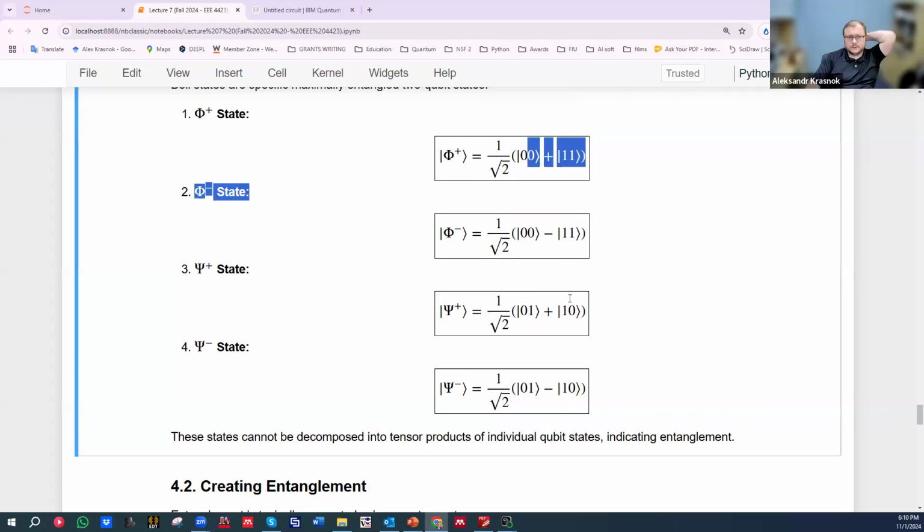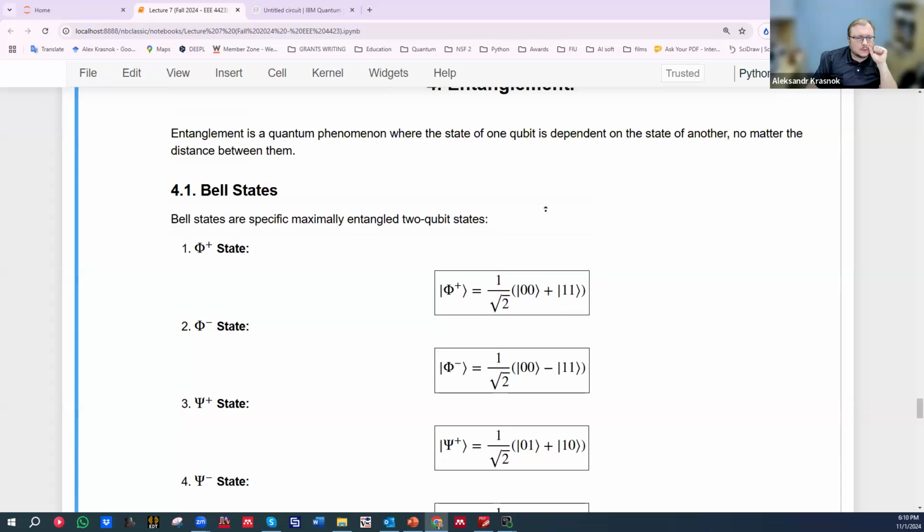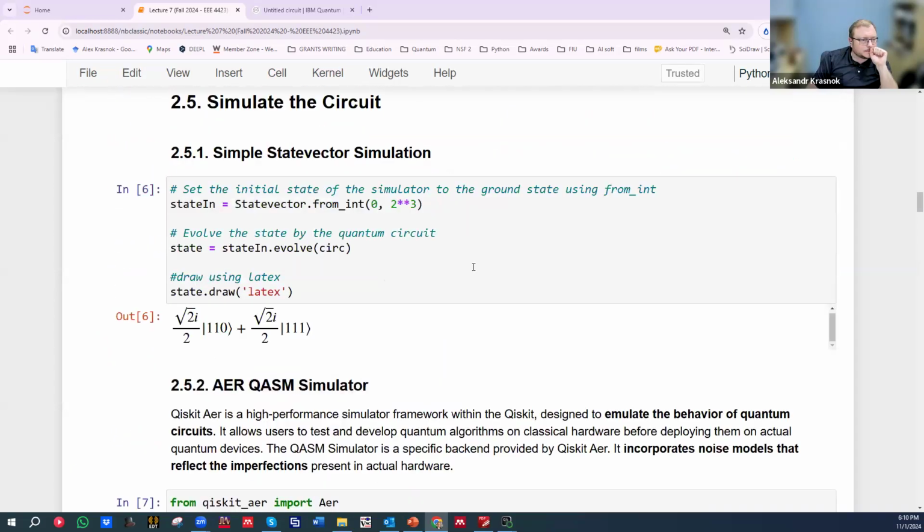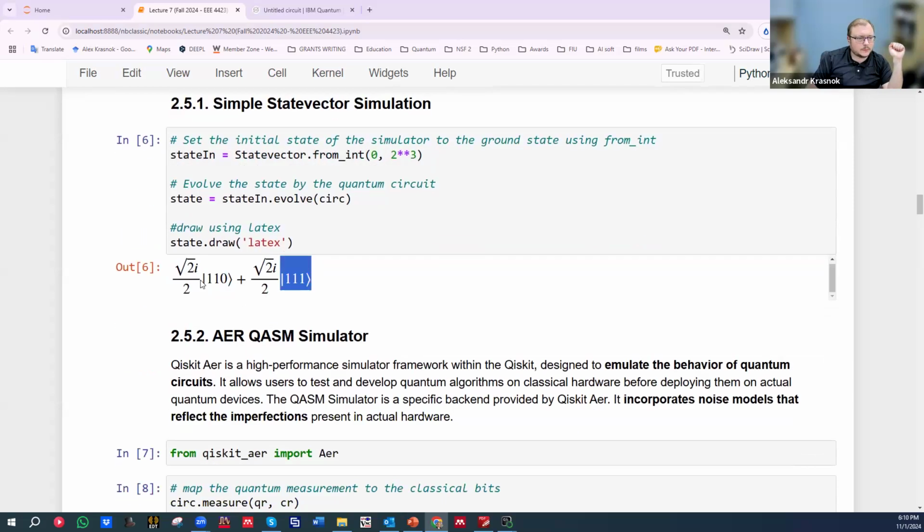So you see these states are not separable. You cannot present this state as a product of two states of individual qubits. Very drastically different from what we saw here, for example, right?